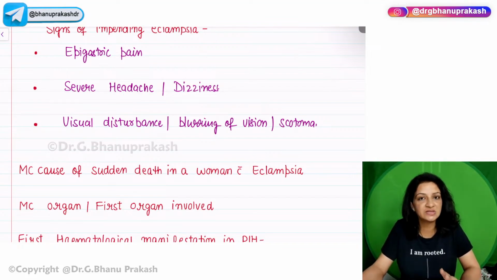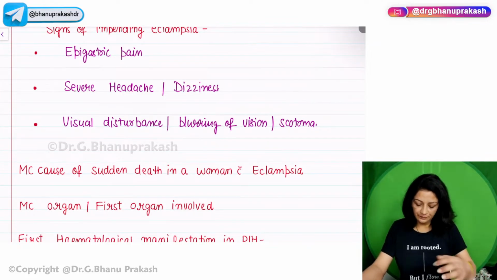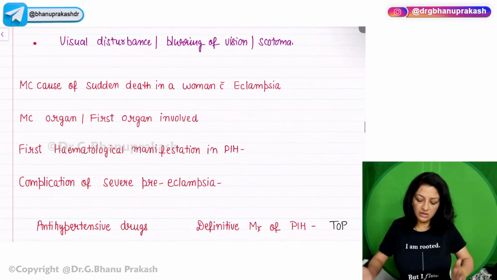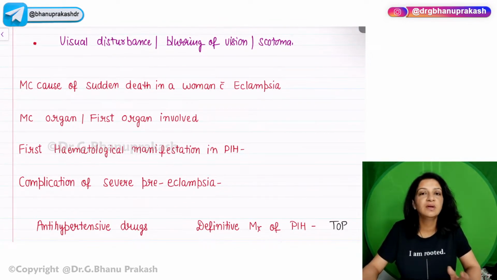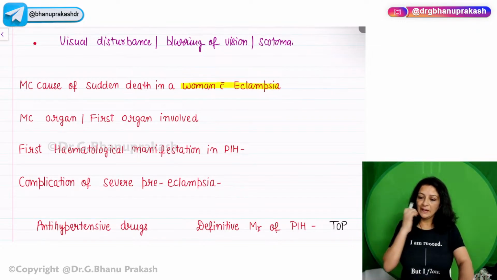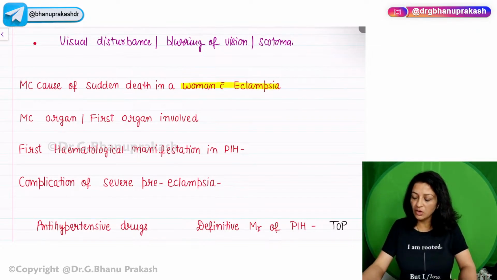First one is epigastric pain. Second one is severe headache and dizziness. And the third one is visual disturbance या फिर blurring of vision, blindness या फिर scotoma. So next one-liner questions. Most common cause of sudden death in a woman with eclampsia. Anyone? Most common cause?